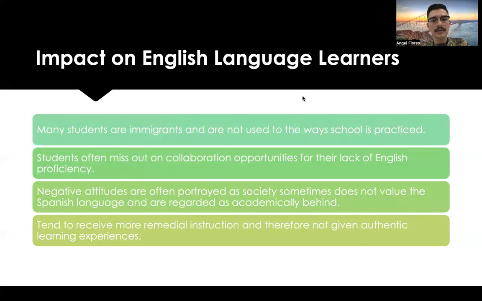Or in the case of my current campus, it's the thought of, let's make sure that we have the most English testers possible. We always portray that the Spanish language is lower than the English, and that sends a message to students that, you know what, I need to speak English because that's the norm. That's what I'm expected to do. I'm only learning Spanish because it's a way for me to understand some of the material that I'm learning.